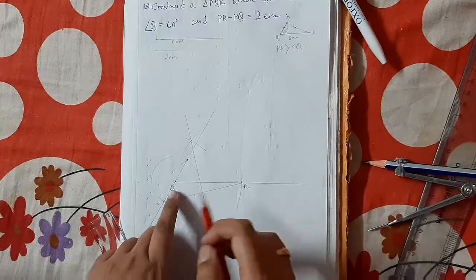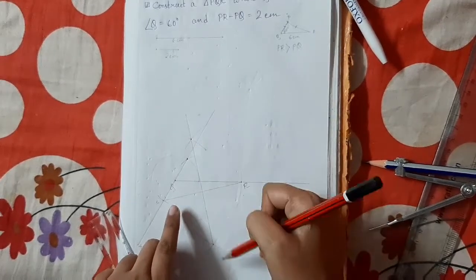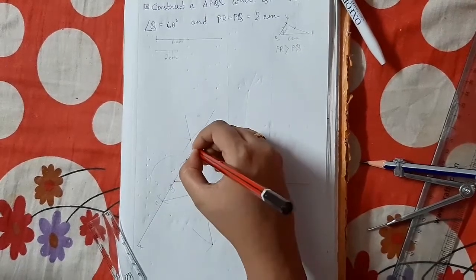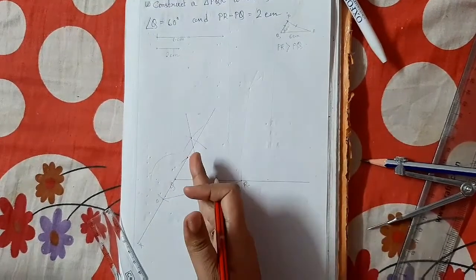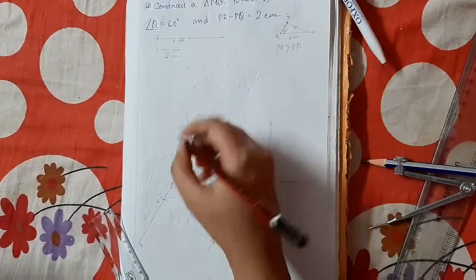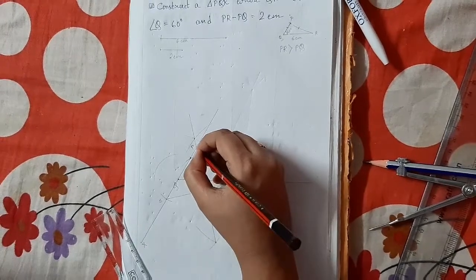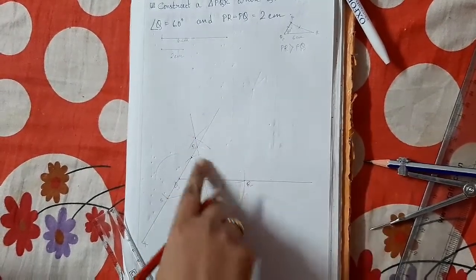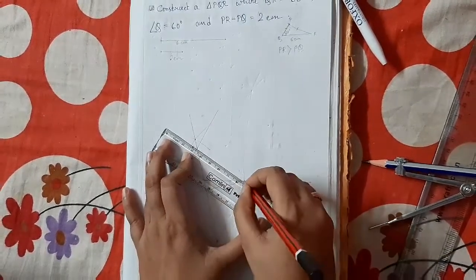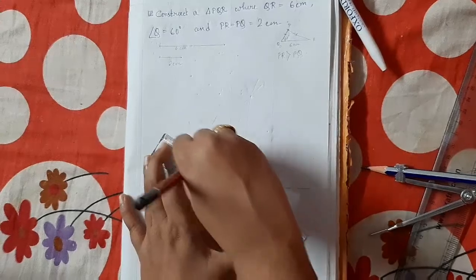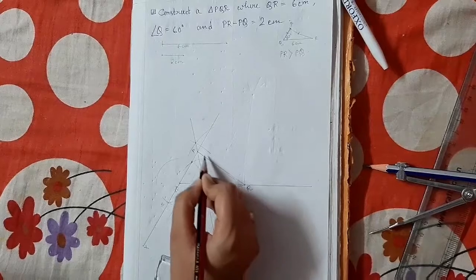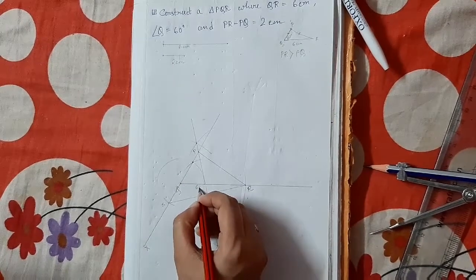As you can see, this bisecting line intersects this line at this point. Mark this point as P. Now join this P with R. Join PR. So this is our required triangle PQR, where QR is equal to 6 centimeter.